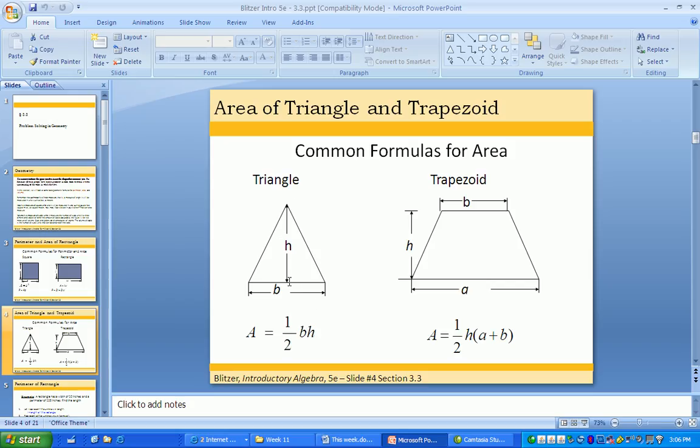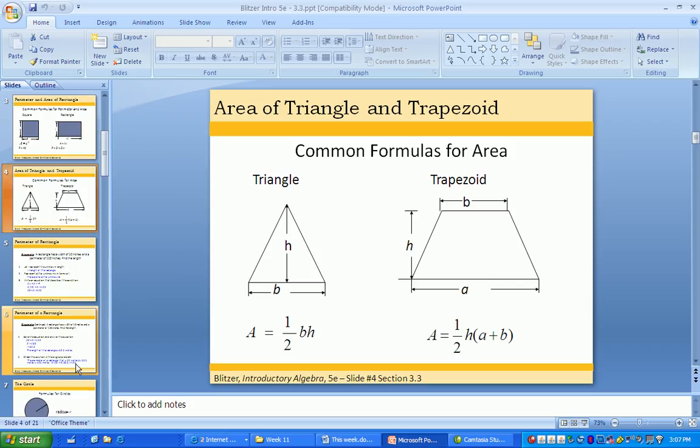It's not the length of this side, but the height of your triangle from your base, okay? And the trapezoid is going to be 1/2 height, and then times the quantity of a plus b. So you have to add a plus b, multiply that by your height, and take 1/2 of it. Okay, so these are just common formulas that you'll have to know. So it's a good thing to maybe keep note of these important formulas.